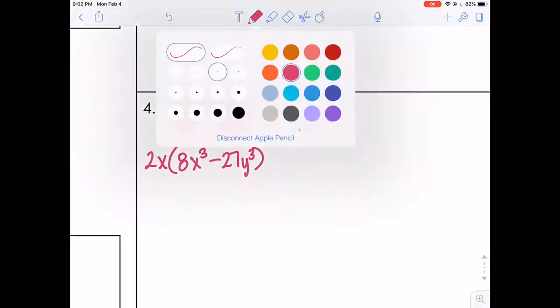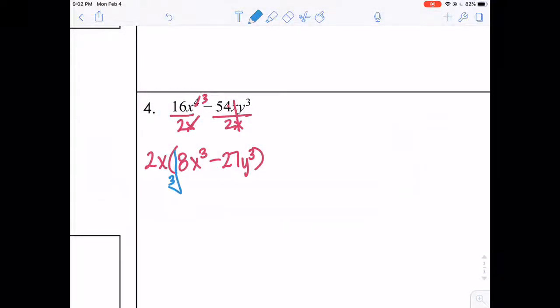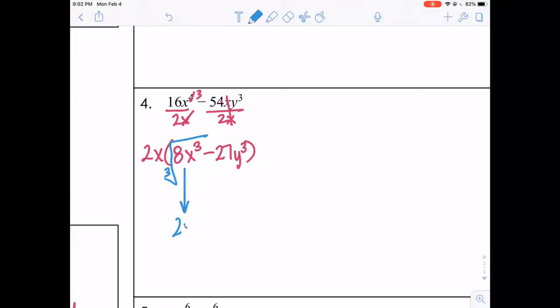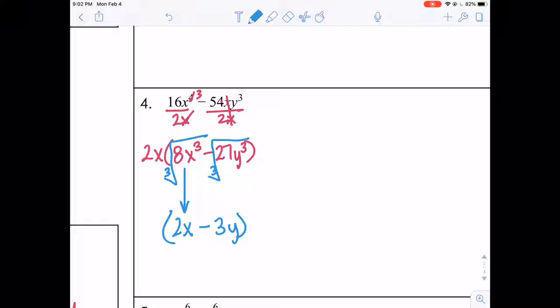So now I can see that I have a cube root here that I can make, which would be 2x. And I have a cube root here that I can make, which would be 3y. And that 2x is going to come straight down. I'll put it in that same color so that we know where that came from. So when I have my formula, I'm going to do a and b.